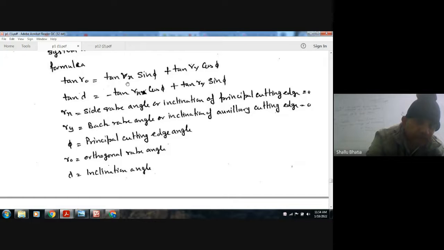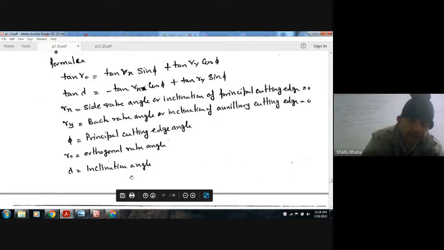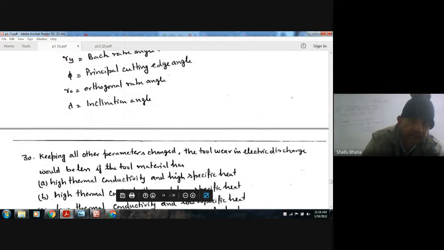So gamma x is used here, and gamma y is used here. Phi is your principal cutting edge angle, gamma naught is your orthogonal rake angle, and lambda is your inclination angle.